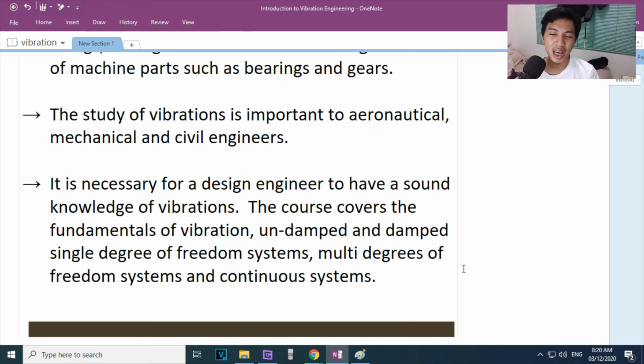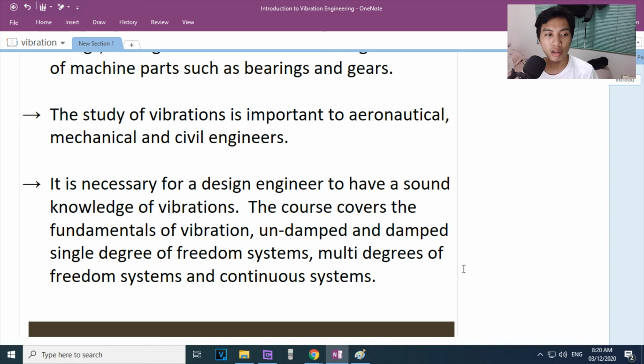And it is necessary for a design engineer like us to have a sound knowledge of vibrations. Now, yung mga yon, kailangan natin consider kasi nga, pag naging professionals tayo, hindi lang naman tayo gagawa ng building, hindi lang naman tayo gagawa ng something that is for projects.